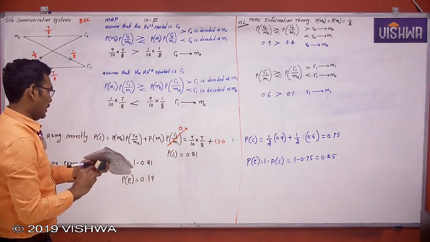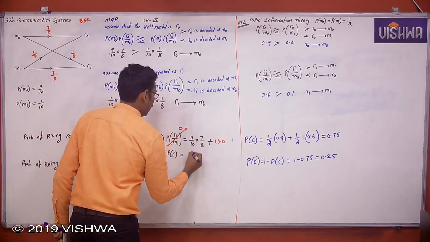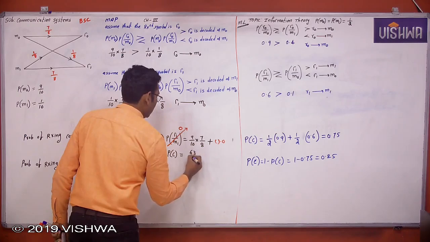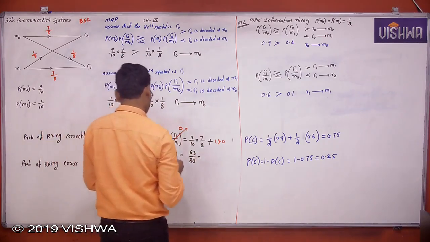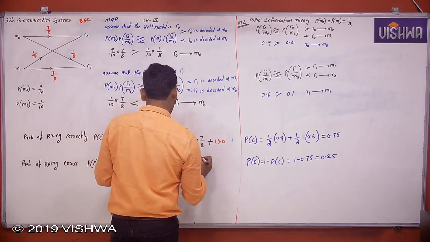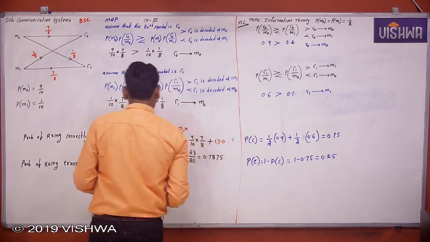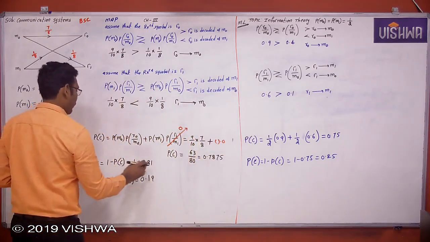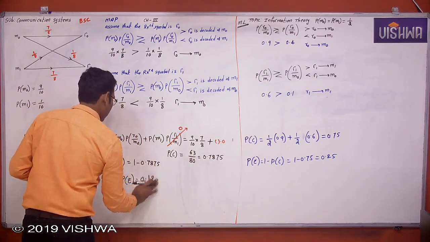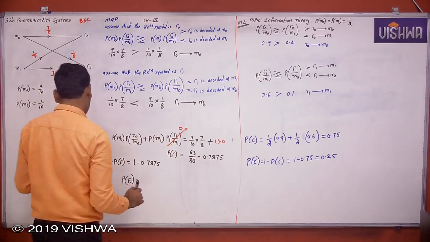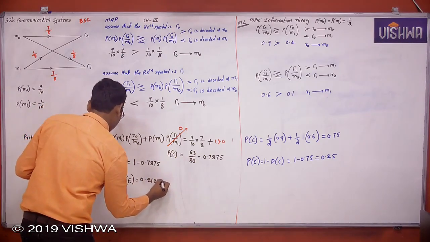Therefore the probability of receiving correctly is 63 by 80, which is 0.7875. So the probability of error is 1 minus 0.7875, which is 0.2125.